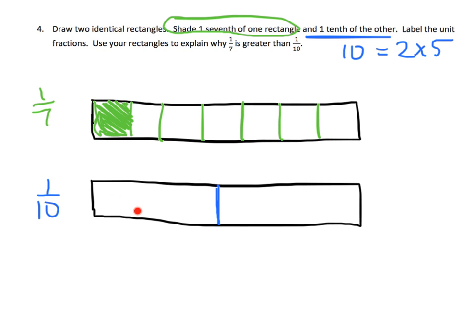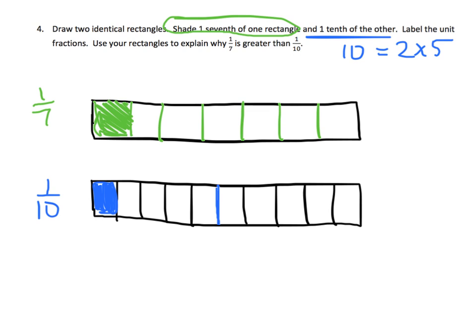So that'd be 5 over here, 5 over here, and that's how we're going to get our tenths. Let's do it in black. Okay, so 5 pieces. 1, 2, 3, 4, 5. 1, 2, 3, 4, 5. That's pretty close. And shade in 1/10. So here's 1/10.